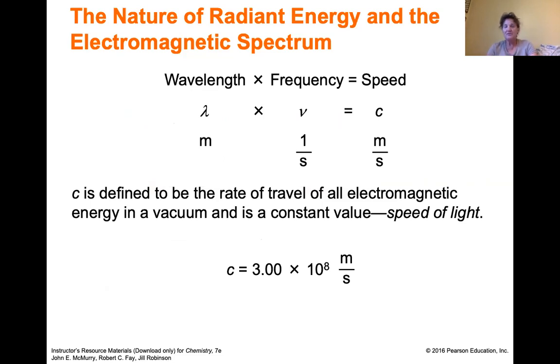So if your wavelength is in meters and frequency is per second, one whole cycle of light goes past every second. If you multiply those two, you get meters per second, and that's the speed of light. So c is defined to be the rate of travel of all electromagnetic energy in a vacuum, and it has a constant value. So the speed of light, given here as c, is 3 × 10⁸ meters per second.